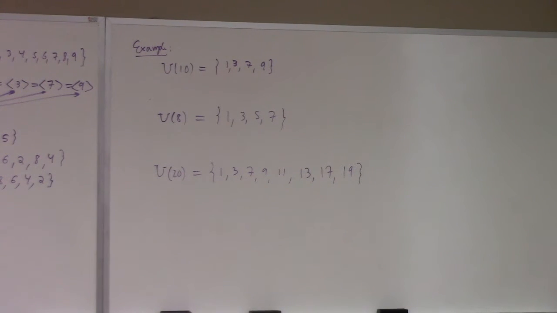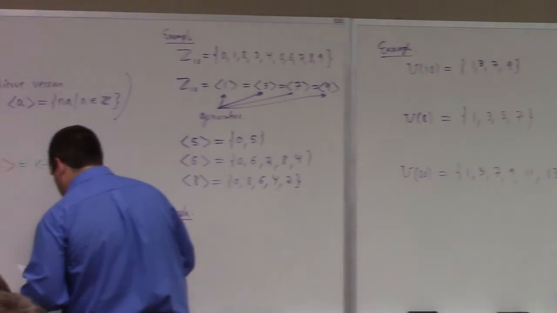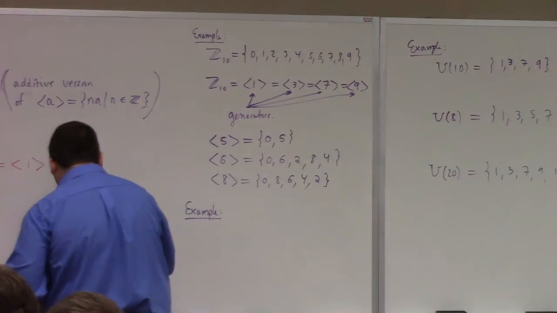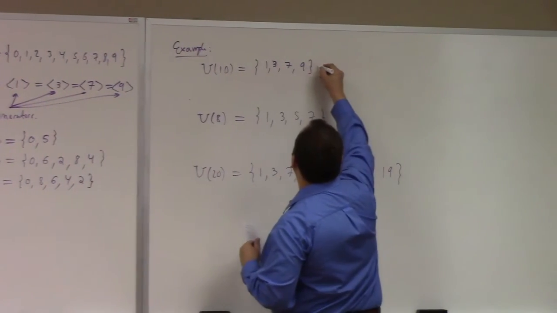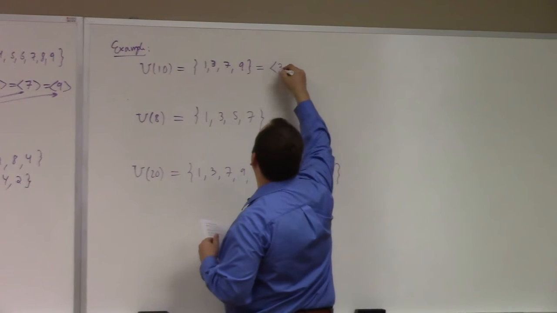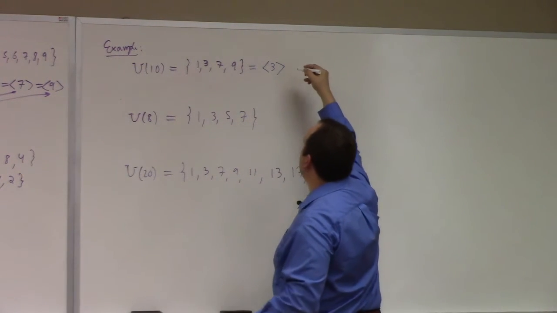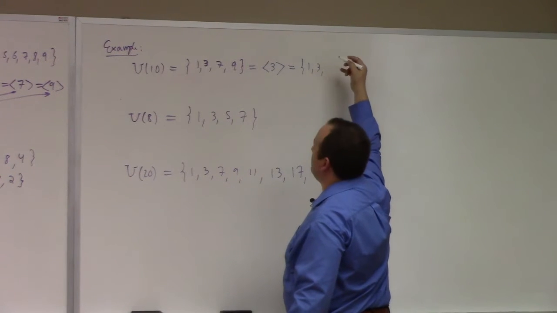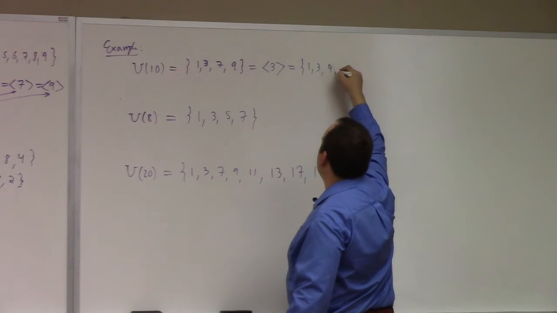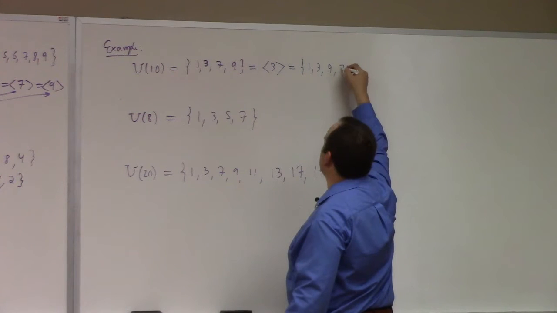So you can show that U10 is equal to, for example, the subgroup generated by 3. To see that, this is what? 1, 3, 3 squared is 9. 3 times 9 is 27, which is 7.